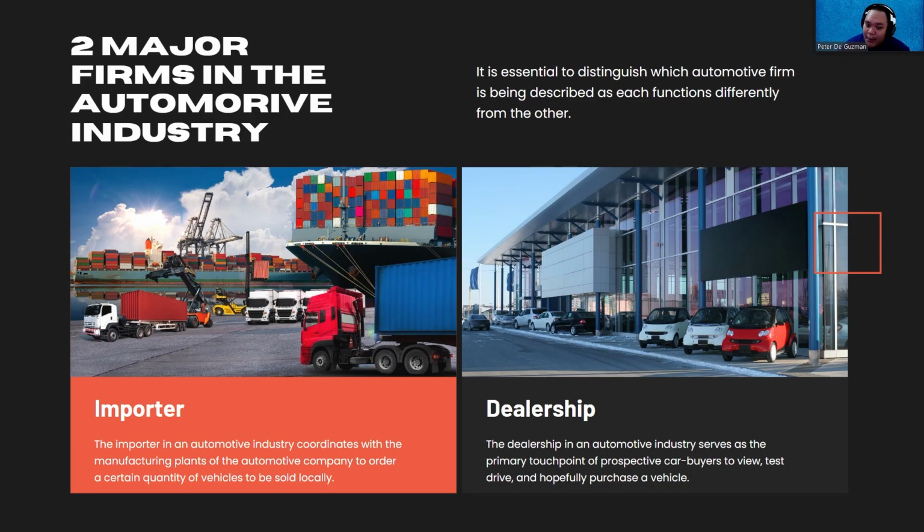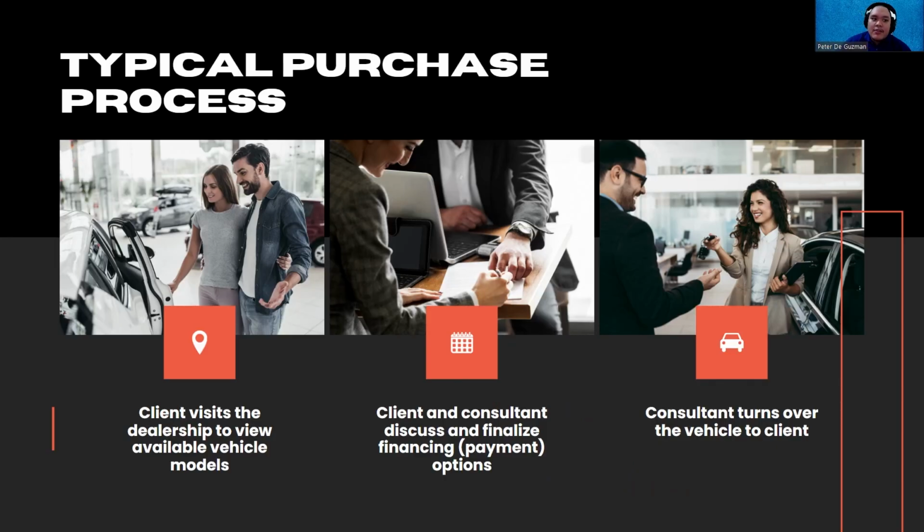So we have the importer and we have the dealership. For this discussion, for an analysis of the costing system of the firm, we will be focusing mainly rather on a car dealership.